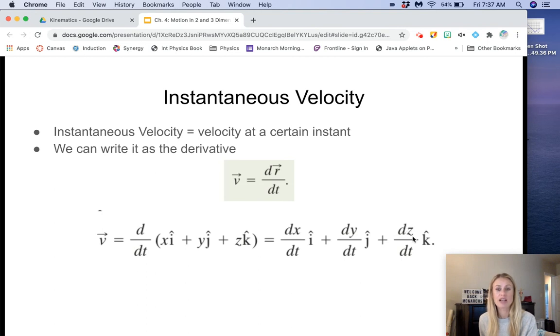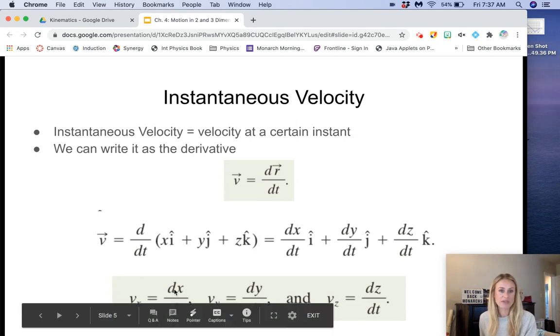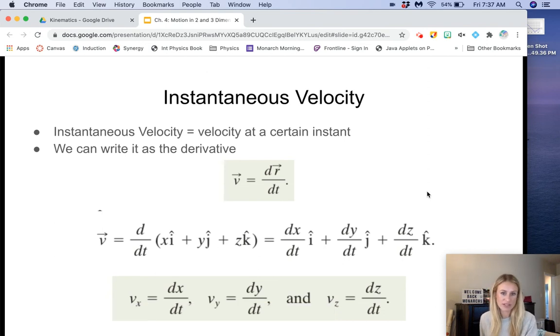And the position in the z direction as a function of time. You would just take the derivative of each to get the velocity in each of those directions. Again, you know this stuff already. And then of course we can just split this up. The derivative of the x position as it changes with time is velocity in the x direction, y direction, z direction. You guys can see that on the screen.